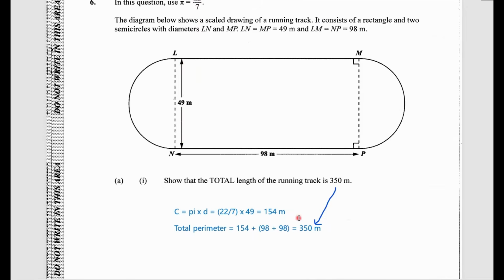All right, that's just meters because circumference, not area, right? And what we do, we add that 154 to the 98 top and bottom. Okay, because remember you're running around the track. So 98, add 98, add the 154, which is the distance around the 2 semicircles, to get 350 meters.